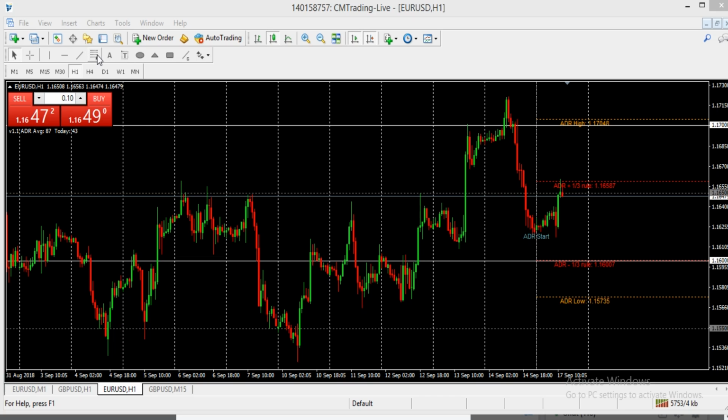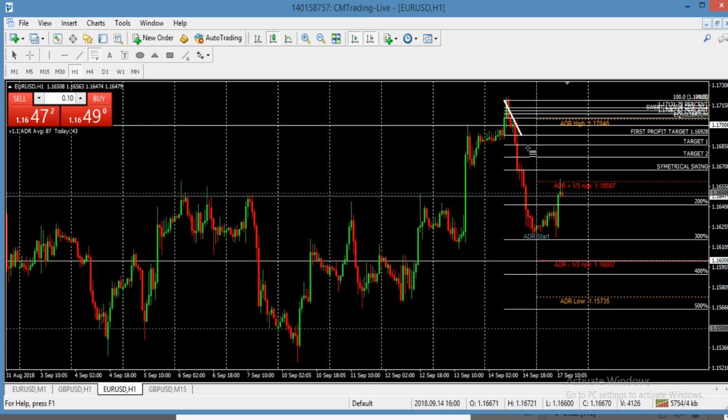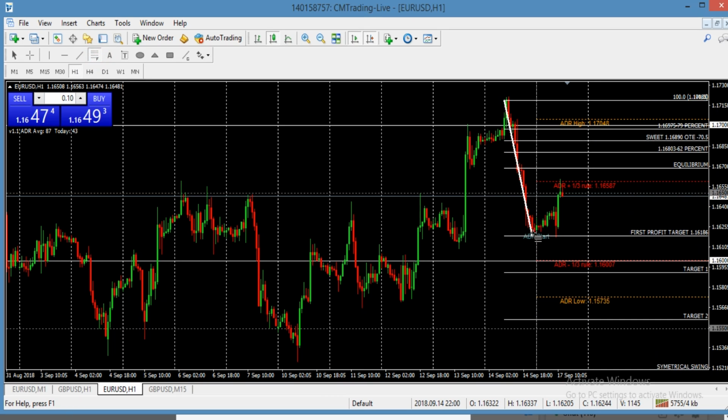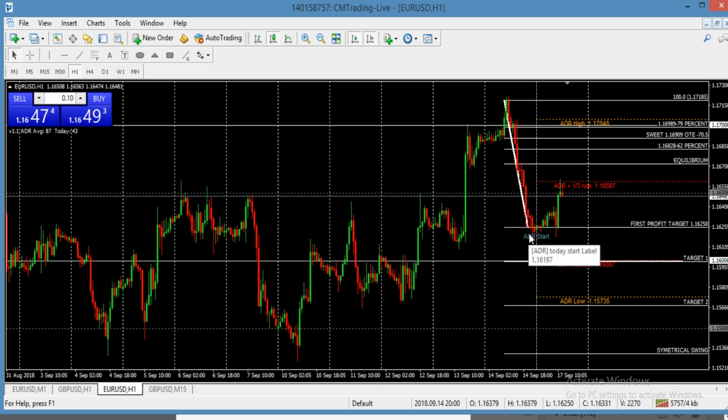So let's just put our Fibonacci retracement from the highest high to the lowest low point there.